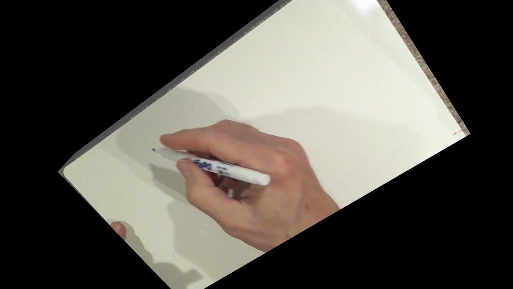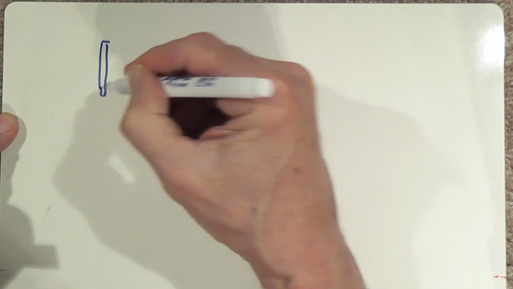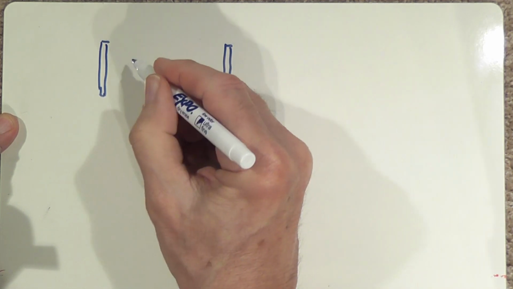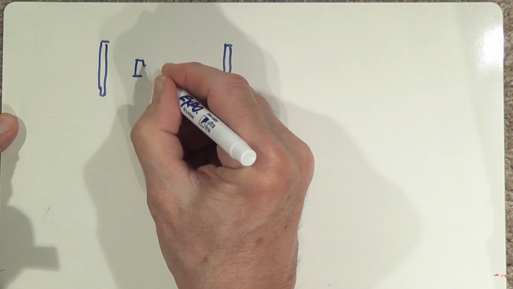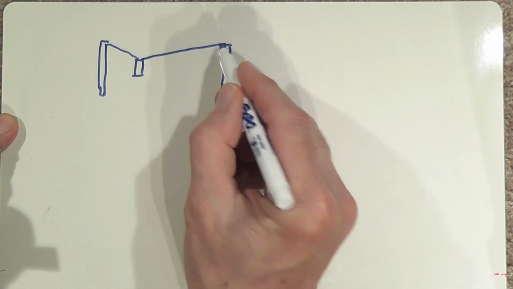Okay, now for tension. Here we have two poles a certain distance away, and on the poles, let's just say it's a street light, and you have two cables.